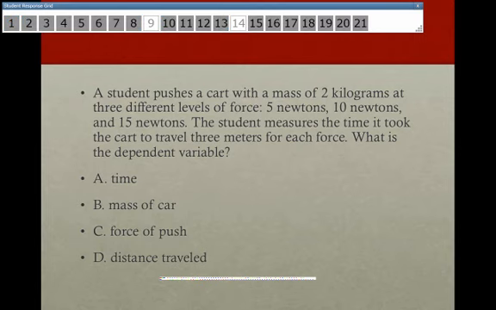Okay, a student pushes a cart with a mass of 2 kilograms at 3 different levels of force, 5, 10, and 15 newtons. Student measures the time it took the cart to travel 3 meters for each force. What is the dependent variable?